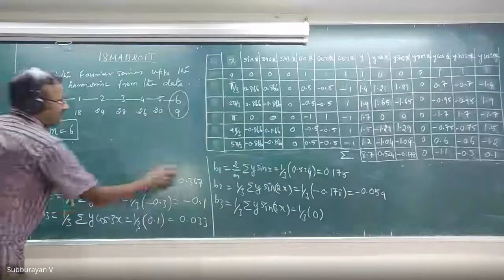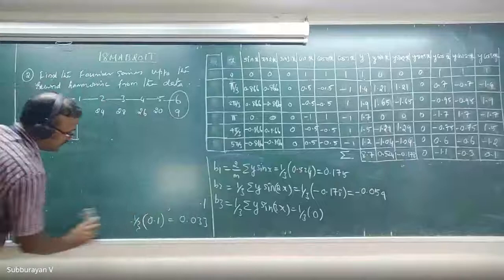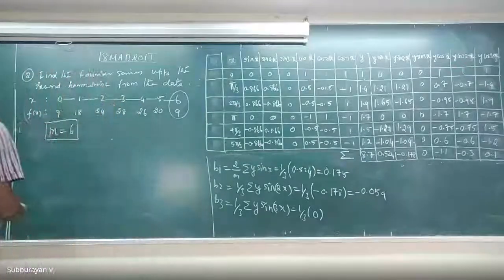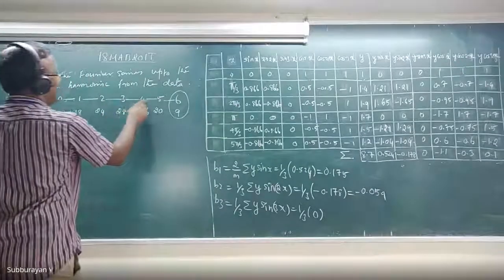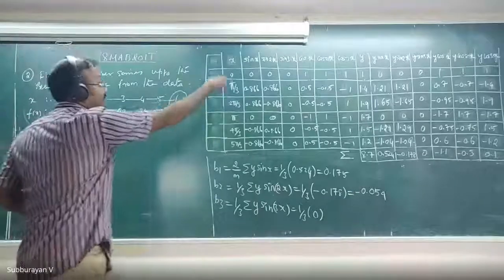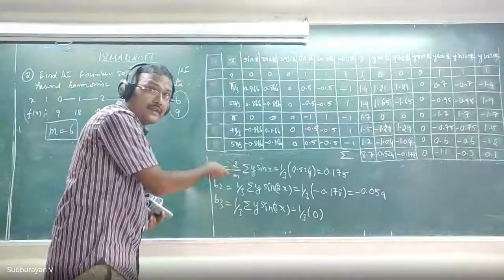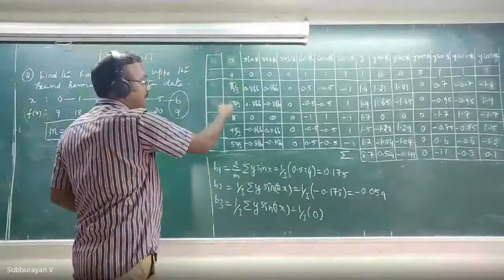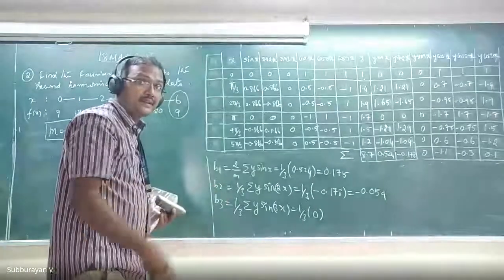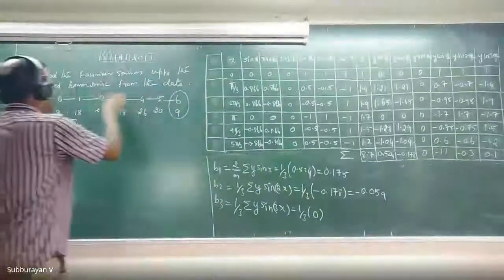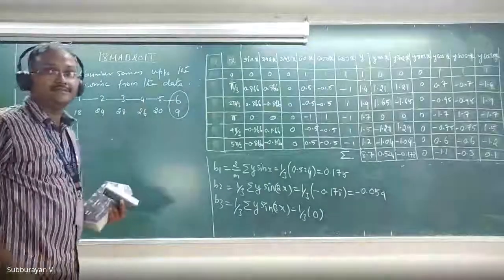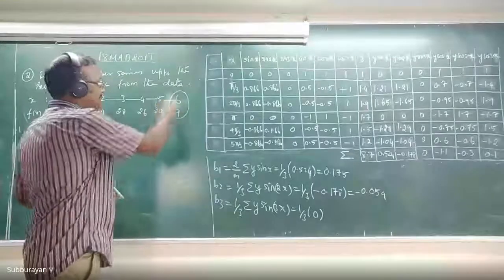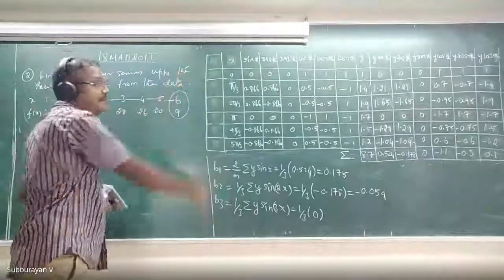Now look at the data given in terms of real numbers 0, 1, 2, 3, 4, 5, 6. Of course, these are also real numbers, I agree. Like 0, pi by 3, 2 pi by 3, 5 pi by 3, they are also real numbers, but specific ones. First, we have to convert these numbers into the form in terms of pi.